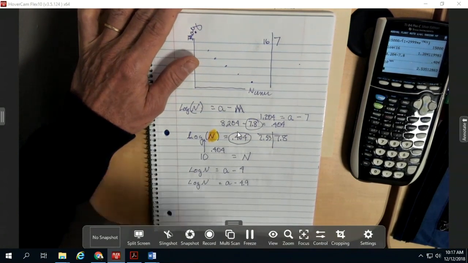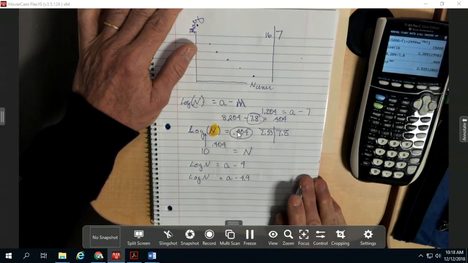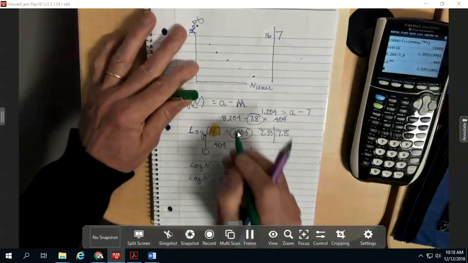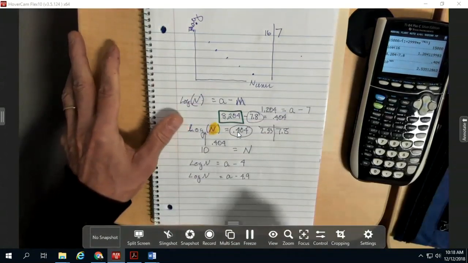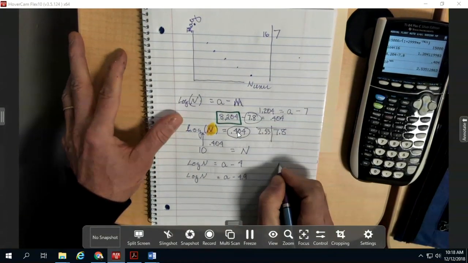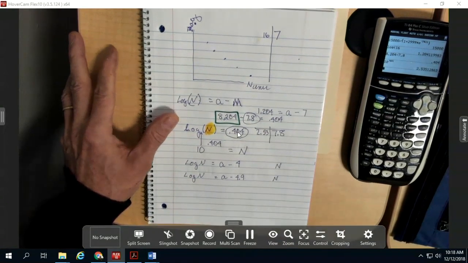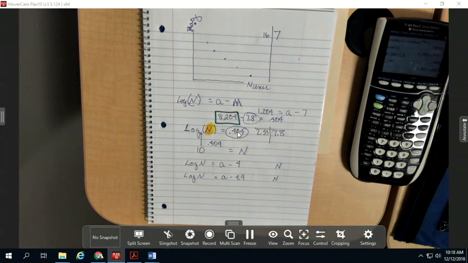What did we say our a was? 8.204. Find these two answers. Tell me what n is, and I'll help you. Go. You can use the math right above it there to figure out your answer.